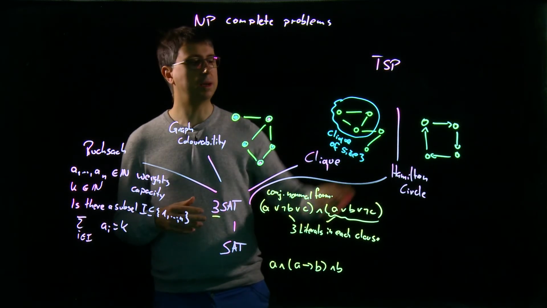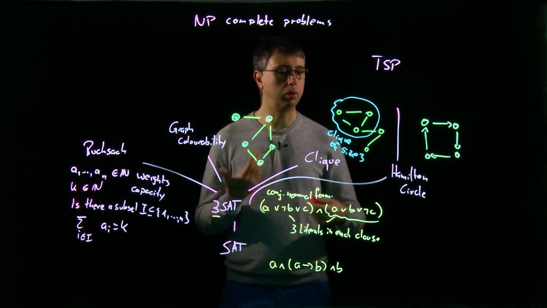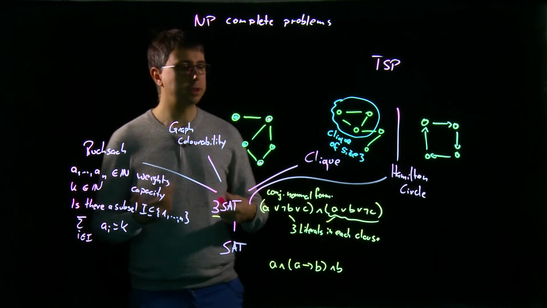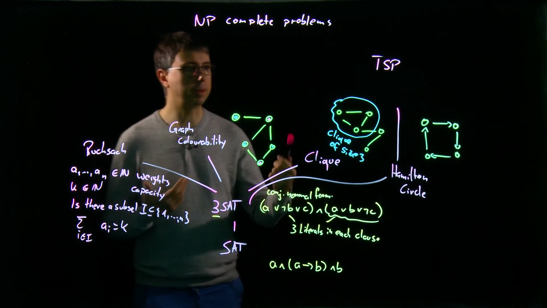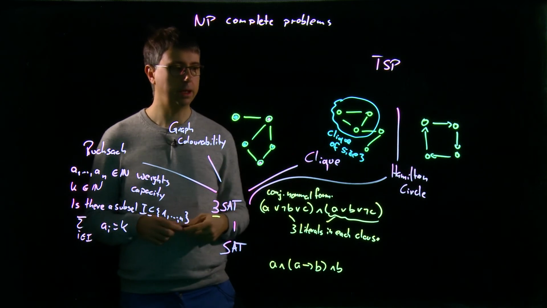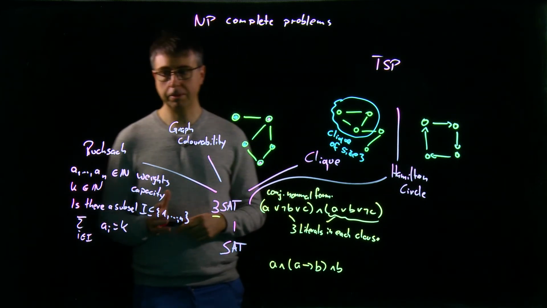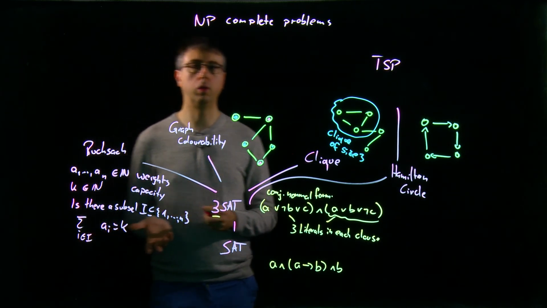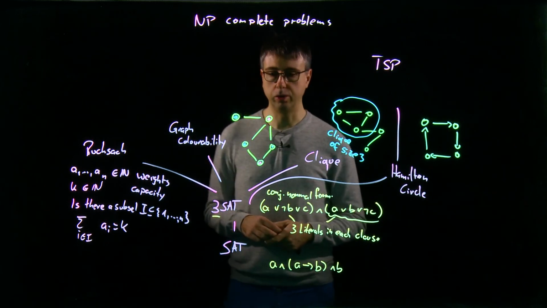And these problems, for example, are very important for logistics. If you want to plan routes for your fleet or something, then you end up with these kind of problems. So they are all NP-complete. That means that we don't know whether an efficient algorithm exists or whether we have to use heuristics.